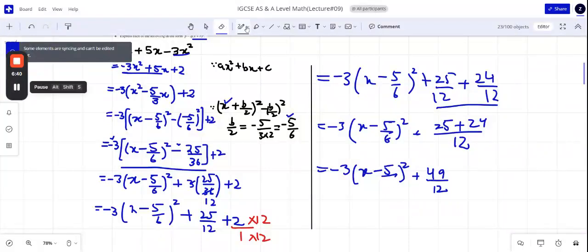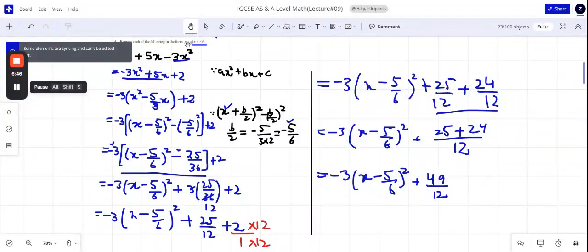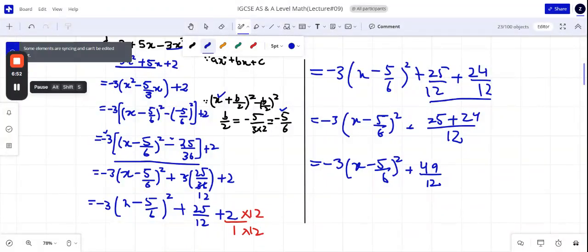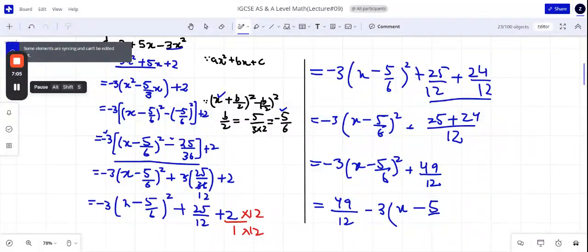So we got our required form, but we need to rearrange it. Why? Because the required form starts with p, the constant value, so we should write the constant value first. So at the end it would be 49 over 12, then minus 3 into x minus 5 over 6 whole square.